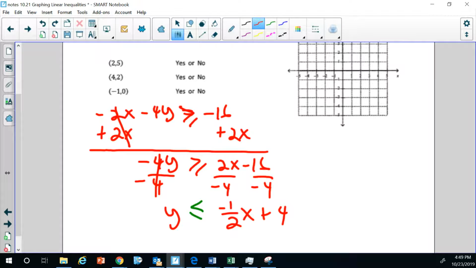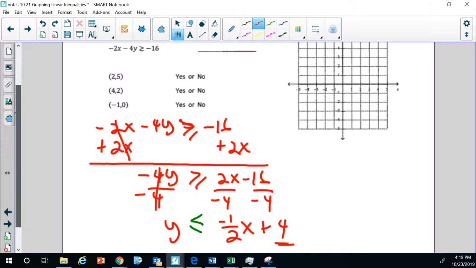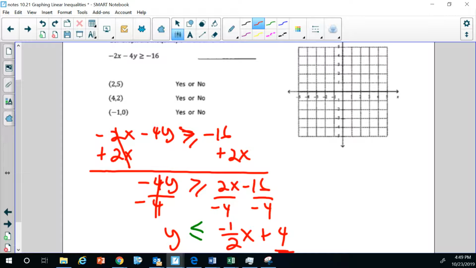So that's one way of doing it. Now you recognize I have my y-intercept and I have my slope, which is rise over run, negative 1/2. If I go to my graph, I start with 4, and then according to my slope, negative 1/2, I'm going to go down 1 and go across 2.